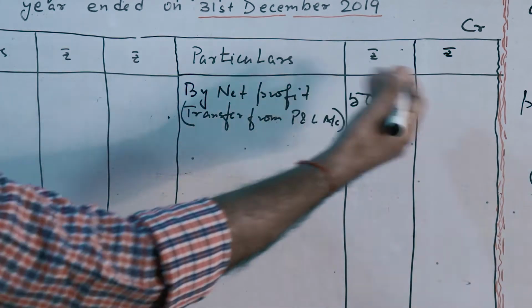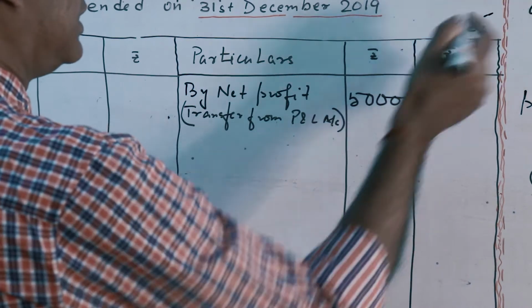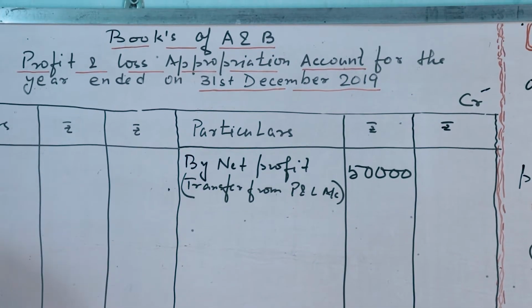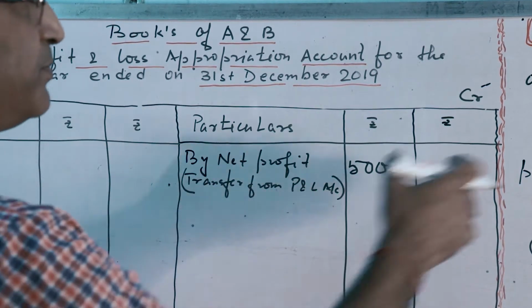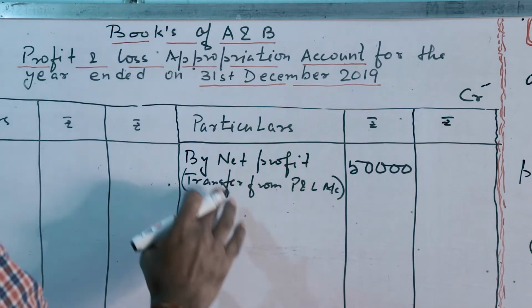Profit is recorded this side. If there is profit, it is written on the credit side, and if there is loss, it is written on the debit side. So here there is profit, so profit will be recorded in the credit side of the Profit and Loss Appropriation account.